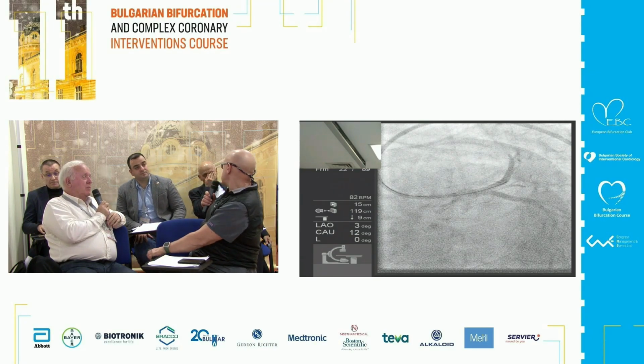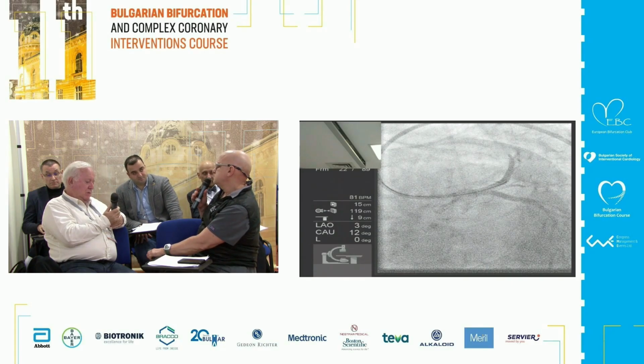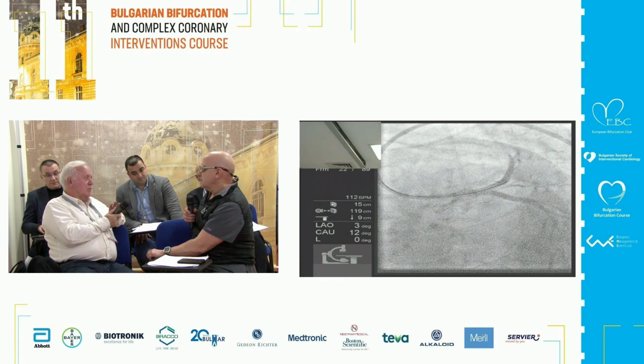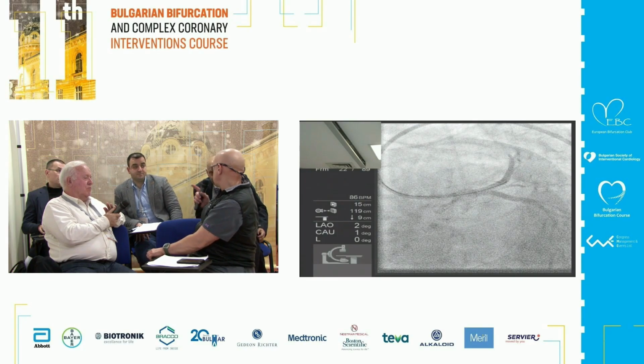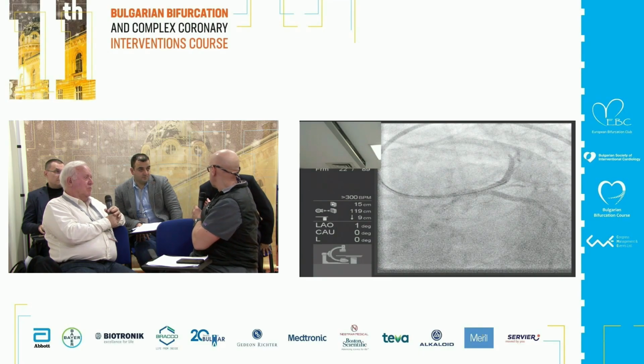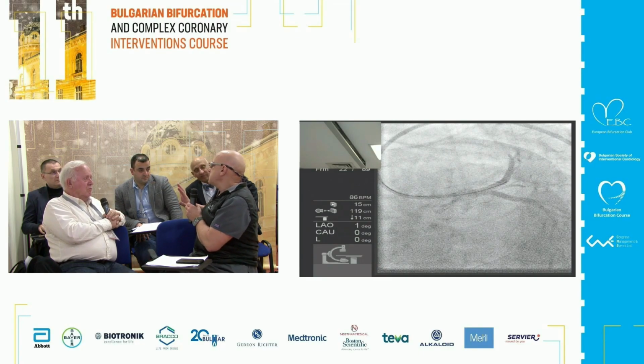In some cases, for example, we have more than 450 left mains that we are following for more than 10 years. In some, it was really interesting. As in the last case that we did yesterday, the left main unexpectedly became significant.